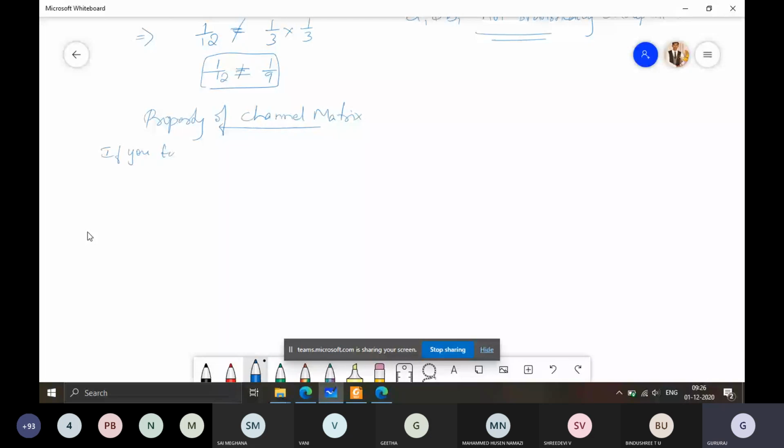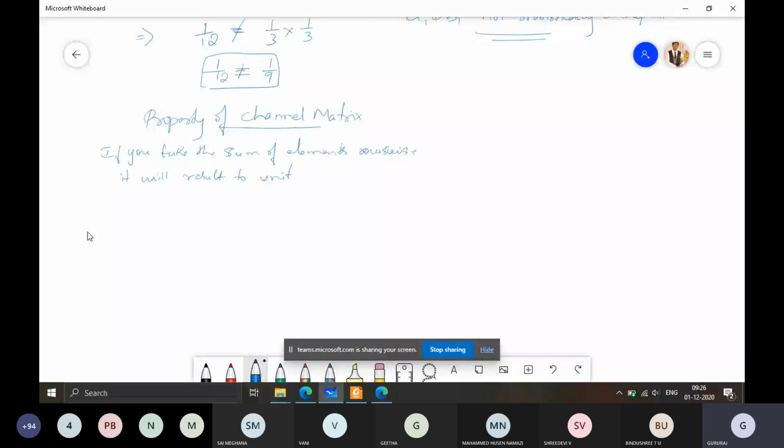If you take the sum of elements row wise, it will result in unity. You can write the property in your own words, but remember the property.